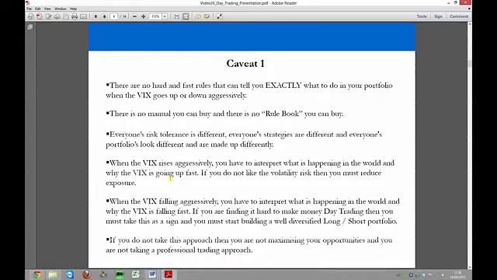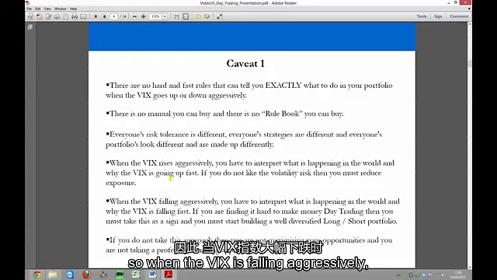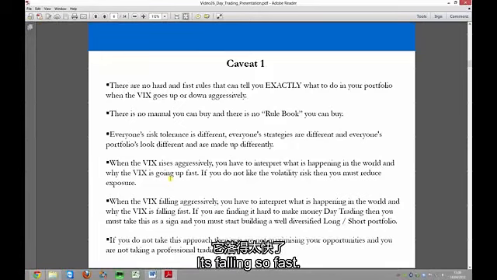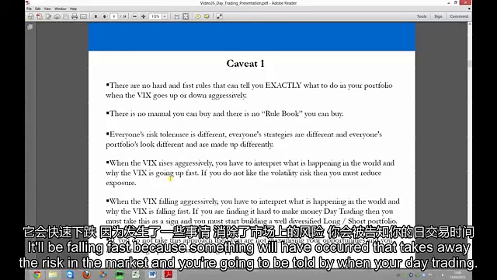And then when the opposite occurs, so when the VIX is falling aggressively, you've got to interpret what's happening and why it's falling so fast. It'll be falling fast because something will have occurred that takes away the risk in the market.